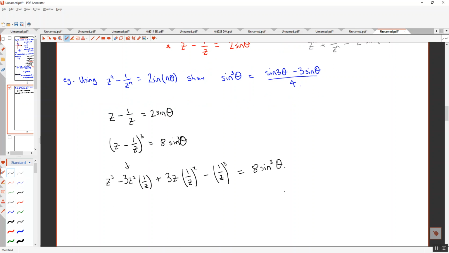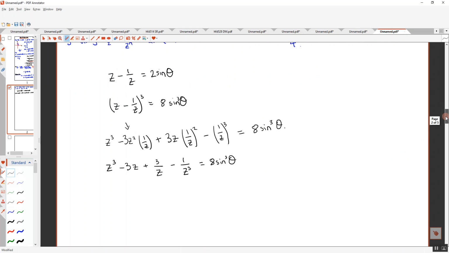So then I can tidy it up. Okay. Now, this will hopefully look a bit better if I just rearrange my left-hand side.